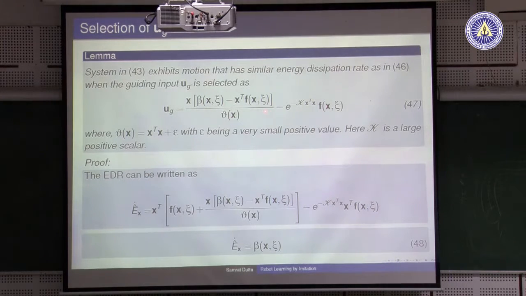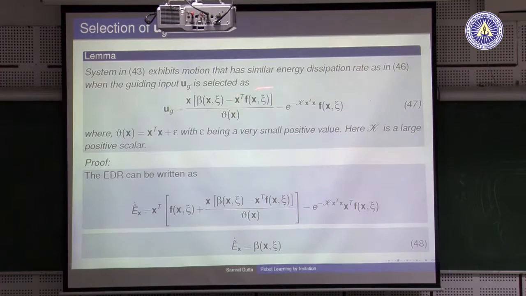if we select our control input in this form, it makes sure that the executed model has an energy dissipation rate similar to what we have seen in the demonstration, right. So, if we use this control law in the model, and if we calculate the energy dissipation rate of the evolving system, you see that Ex dot equals beta, that is what we have learned from the demonstration.